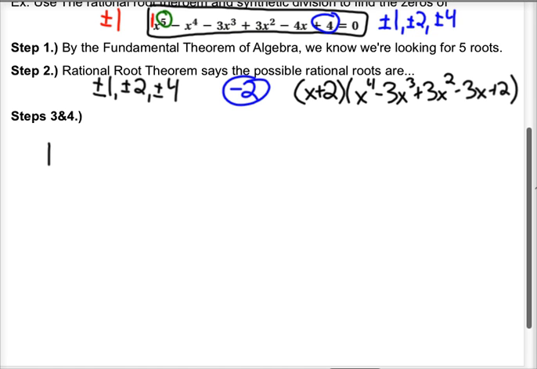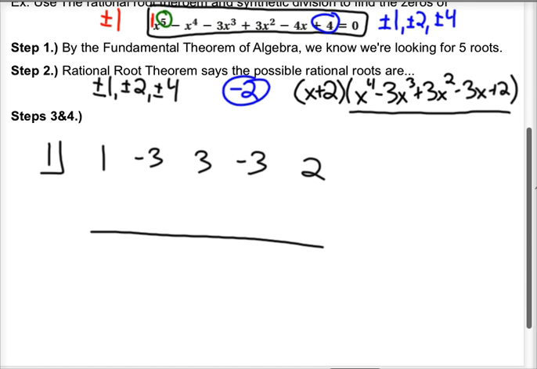I'm going to use synthetic division, but this time on just the piece of the polynomial that I have left: 1x to the 4, negative 3x cubed, 3x squared, minus 3x, plus 2. I'm only going to use it on the portion remaining from the first synthetic division.